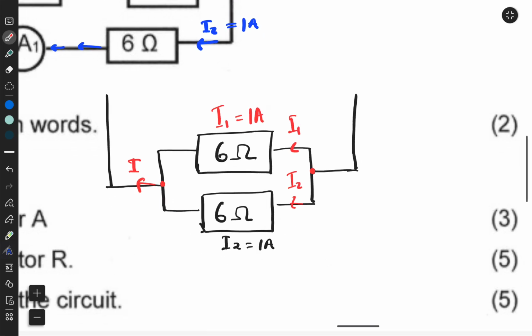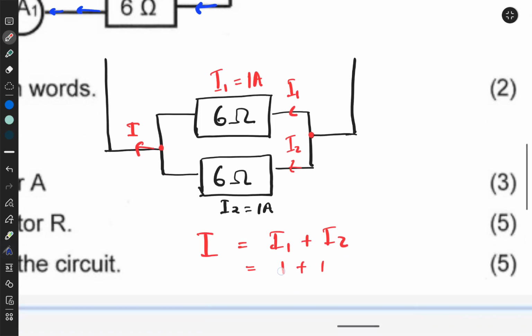What does this tell us about the total current? The total current will be I1 plus I2, which is 1 plus 1, and this gives us 2 amps. That's the total current.